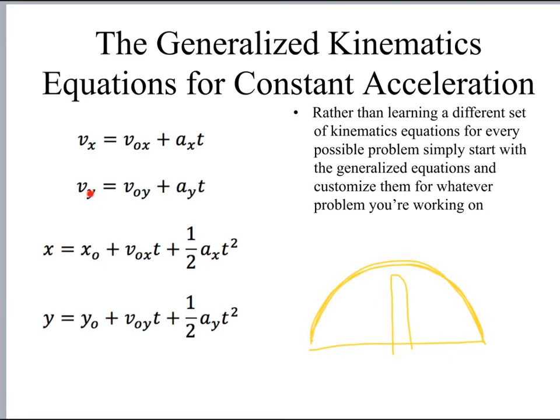And here I've taken the same equation and added a little subscript y to every term where it's relevant, and that lets me know that that's talking about the y component of the velocity. Same thing for position. This is the x position. Everything is in terms of the x components, and here's the y position. Everything is in terms of the y components.